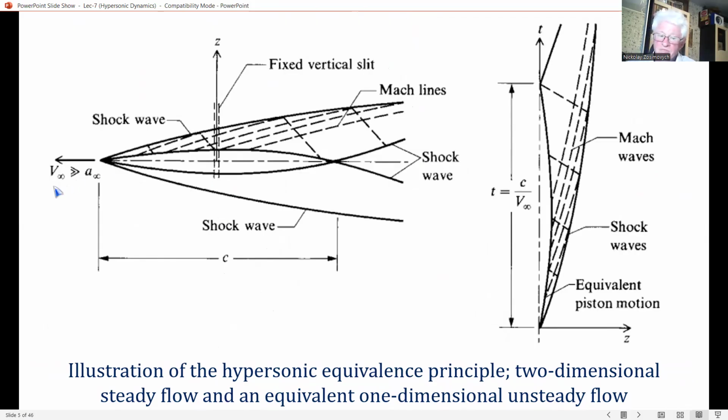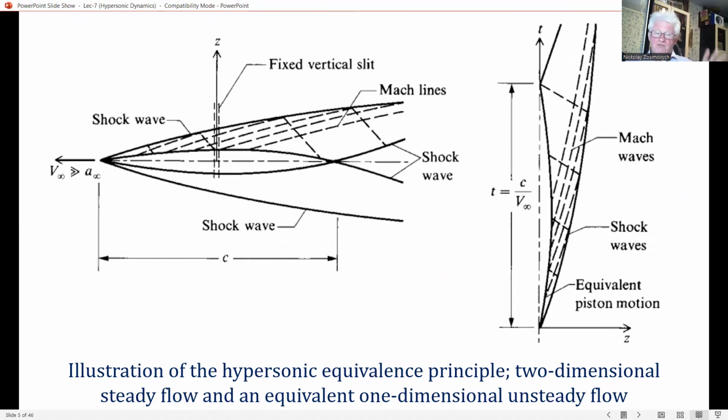Because of the hypersonic equivalence principle, the unsteady flow in the YZ plane at the right of this figure, shown at various times t1, t2, t3, etc., gives the corresponding steady flow result in the YZ plane located at various corresponding values of x equal to x1, x2, x3, and so on.